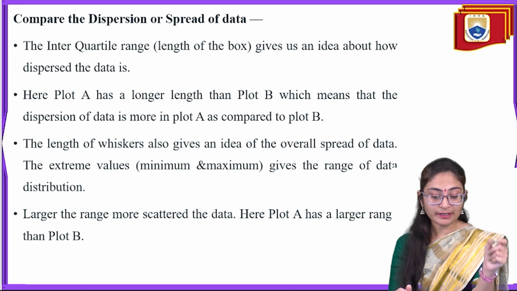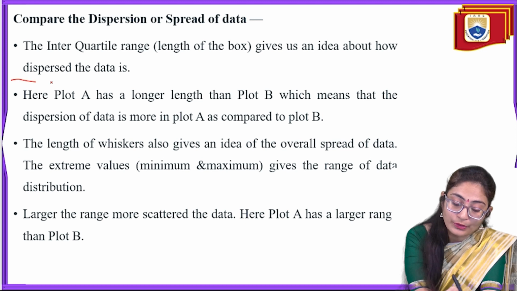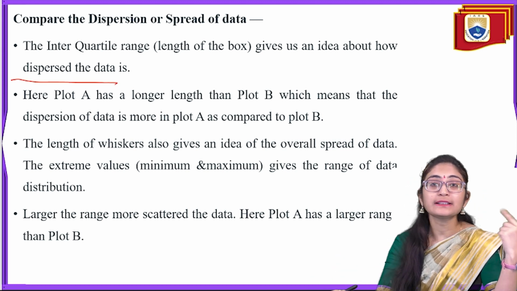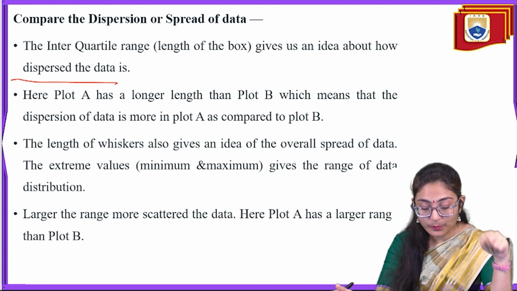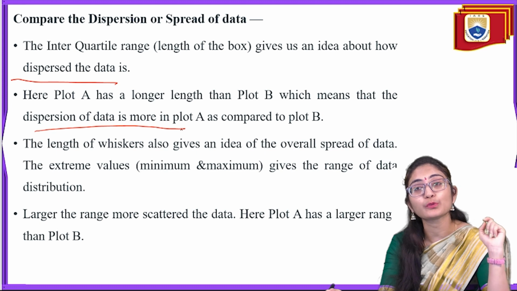The interquartile range, that means the length of the box, gives us an idea about how dispersed the data is. Here plot A has a longer box than plot B, which means that the dispersion of data is more in plot A as compared to plot B.